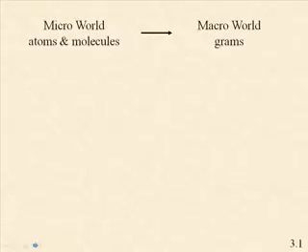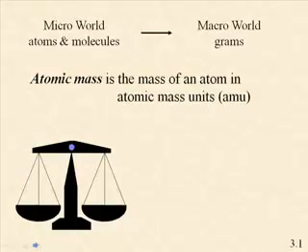And when we're talking about atoms and molecules, the unit of a gram is really not very convenient, mainly because they're so small that we would always be having to write exponential form for our masses if we reflect the masses in grams. And so we have another mass scale, another unit that we use when we're talking about atoms and molecules, and this unit is the atomic mass unit, or AMU.